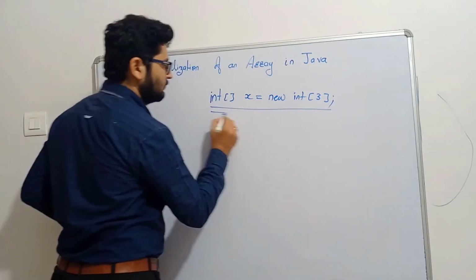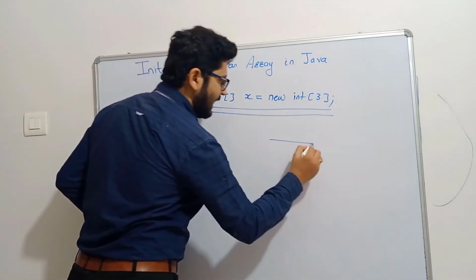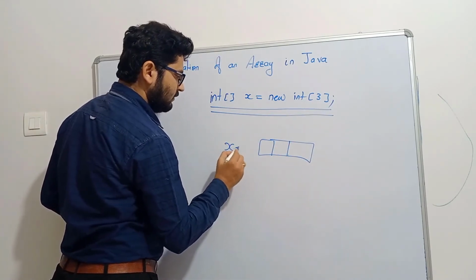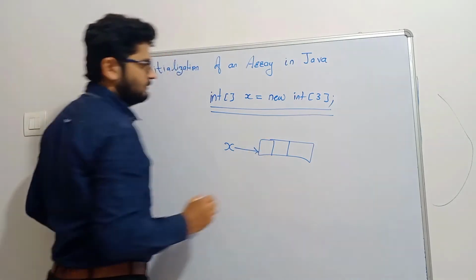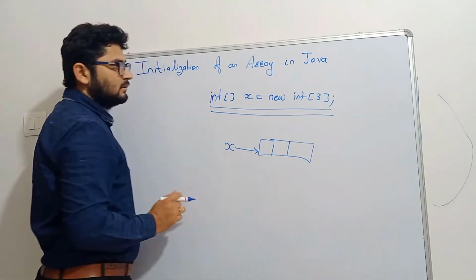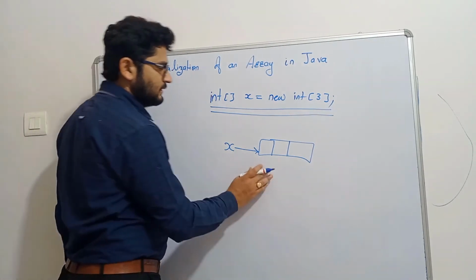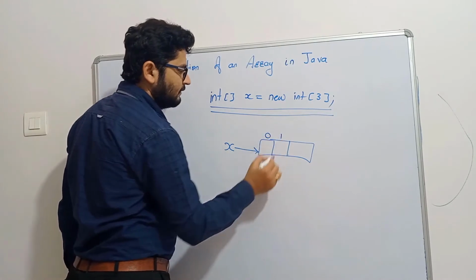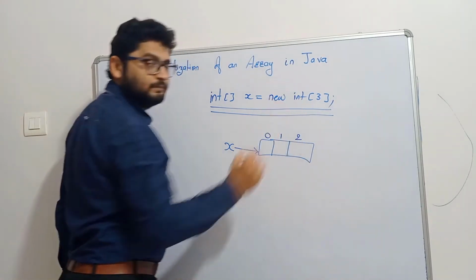This line is going to create one array of size 3 and it will be pointed to by x. Okay, so x is a reference variable over here for this array of size 3. Now index of this element will be 0, here it will be 1 and here it will be 2.